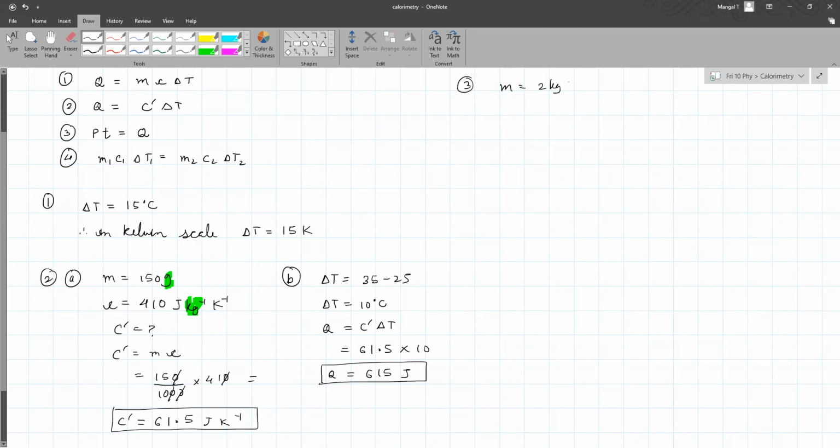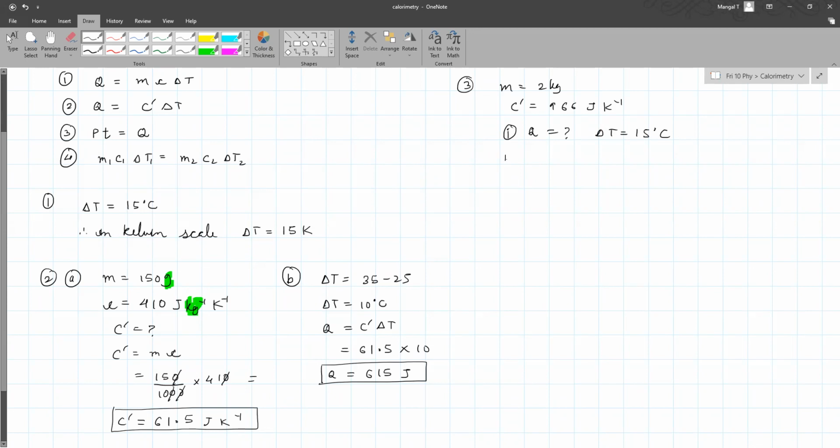So here the mass is 2 kilograms, and the heat capacity is not specific heat capacity. Heat capacity is 966 joule per Kelvin. Now they are asking the amount of heat required if it has to raise the temperature by 15 degrees Celsius.